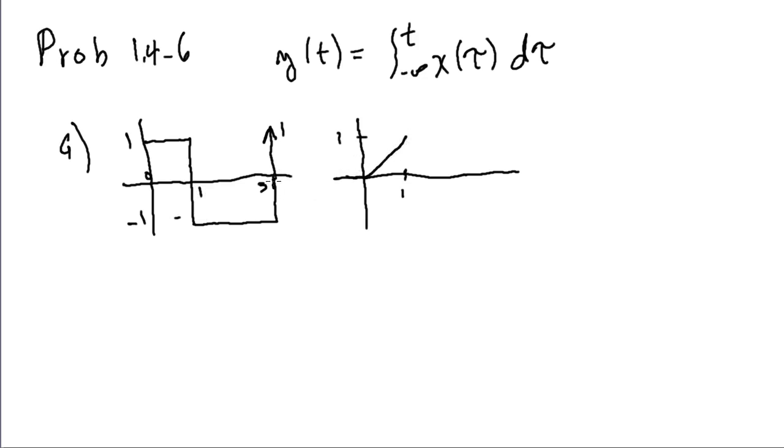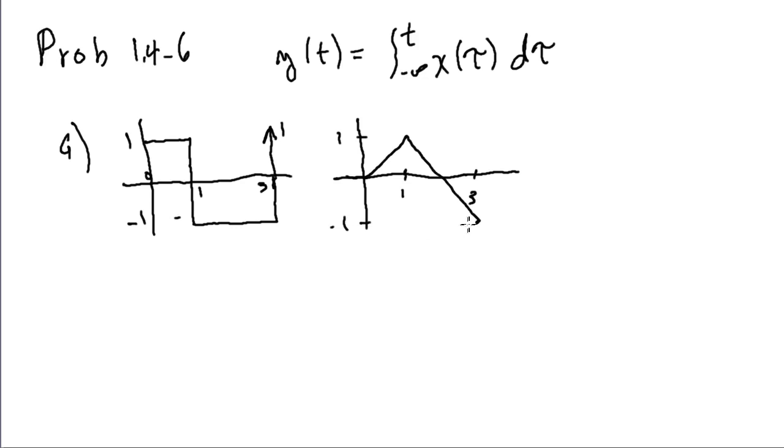When I get out to t equal to 3, this is going to have an area of minus 2. It's got a width of 2 and a height of minus 1, so the area would be minus 2, plus the area of this first pulse. So I'm going to get down to, at t equal to 3, minus 1. Okay. And again, I'll have a straight line connecting these.